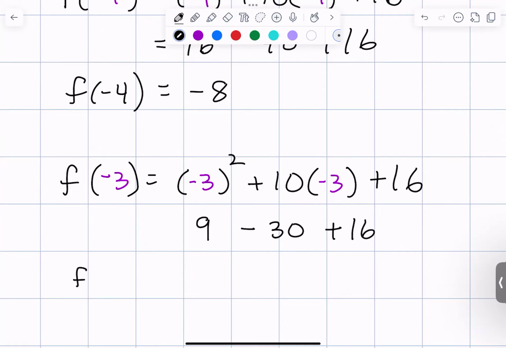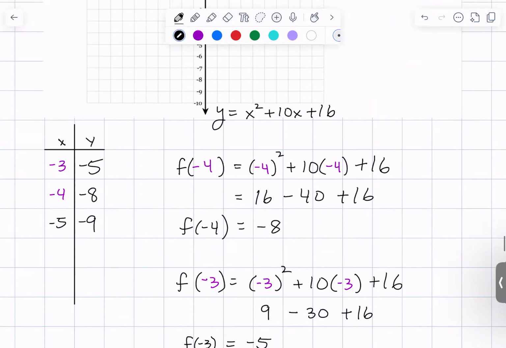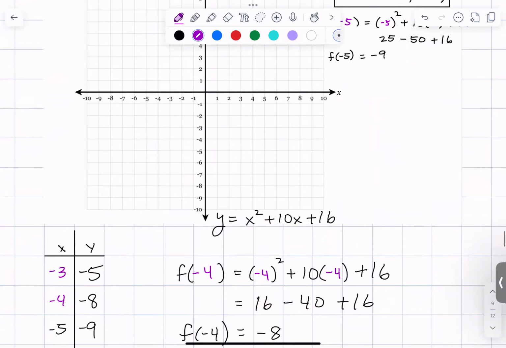That would be f of -3 is -5. So if I graph this, -5, -9, that's my vertex. -4 and -8 is right here. -3, -5 is right here. So I have one side of my parabola.